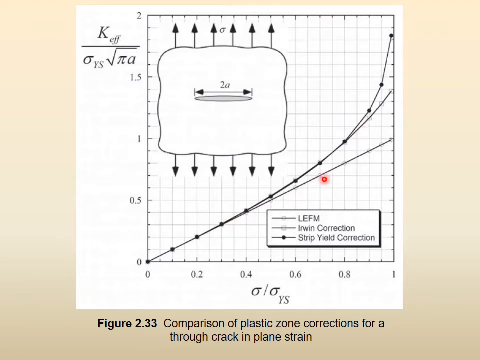This is the straight line, this is the LEFM. This one, hollow dots, is Irwin, and these solid dots are strip yield. So until 85% or 80%, it does not matter whether we use Irwin correction or the other one.